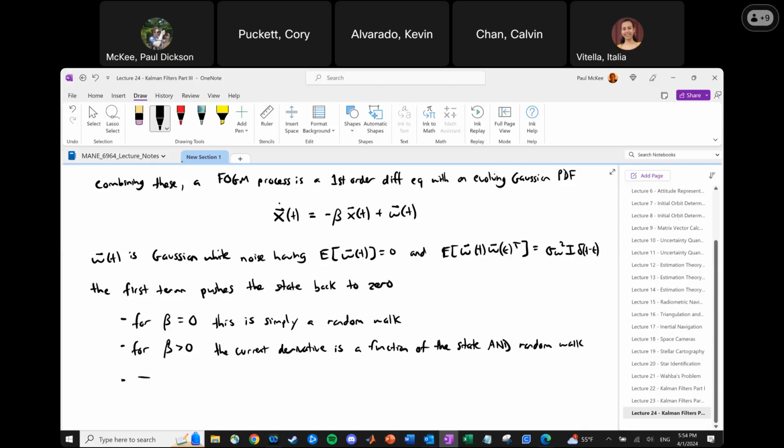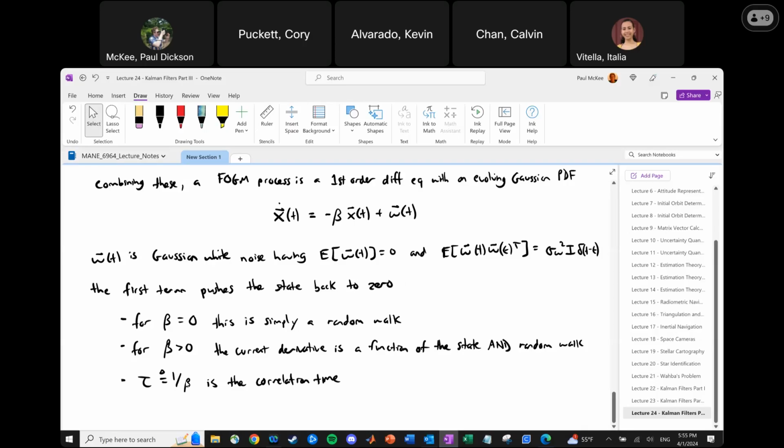The tau, which is defined as being 1 over beta, is the correlation time. And so that's just one of the terms. You could think of it as, all right, what's the effect of beta?